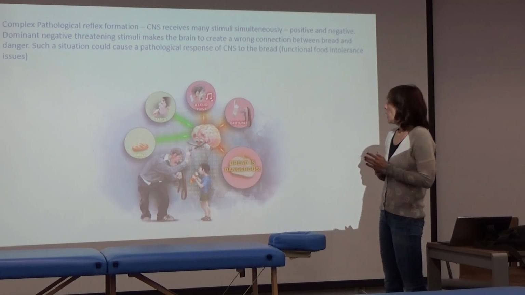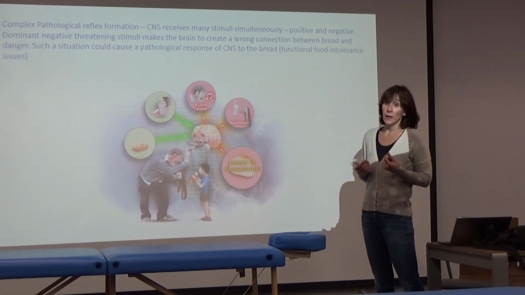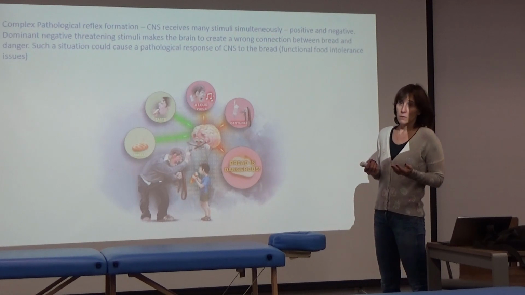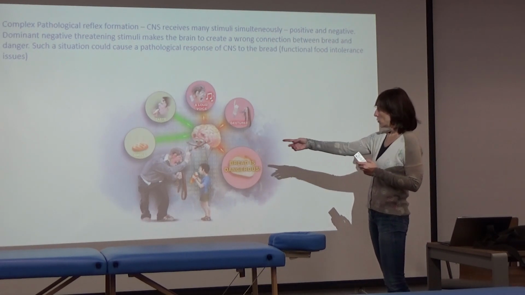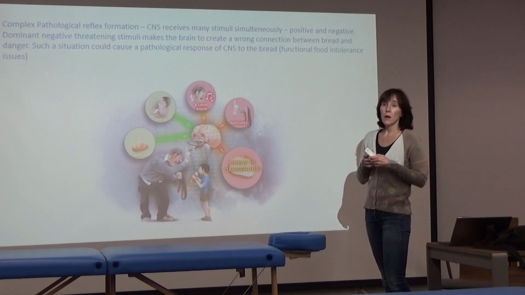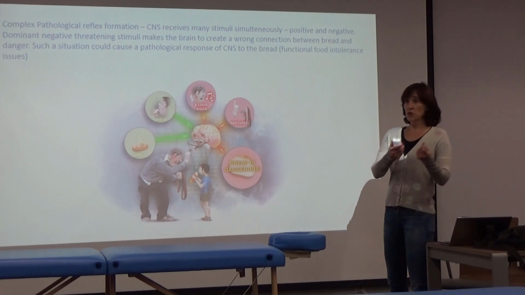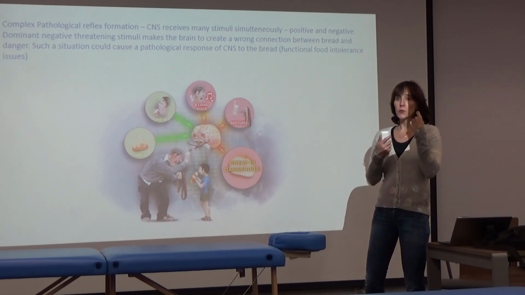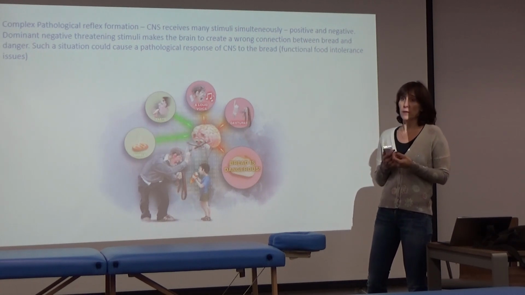And then after a while, the kid or even the adult will start eating food and he will feel bad. All of those stimuli, loud voice, horrible gestures, they are aversive, dangerous, negative stimuli. The system's trying to withdraw. At the same time, you put positive stimulus in the mouth and you force the digestive system to work. It's a conflict.